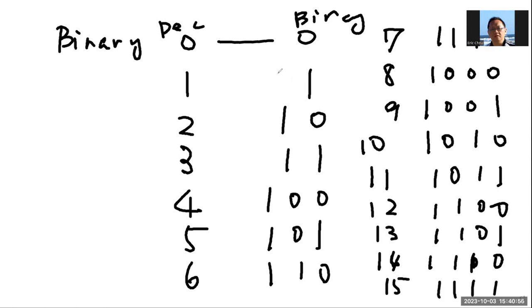So with 4 bits, you can store 16 different numbers, from 0 to 15.